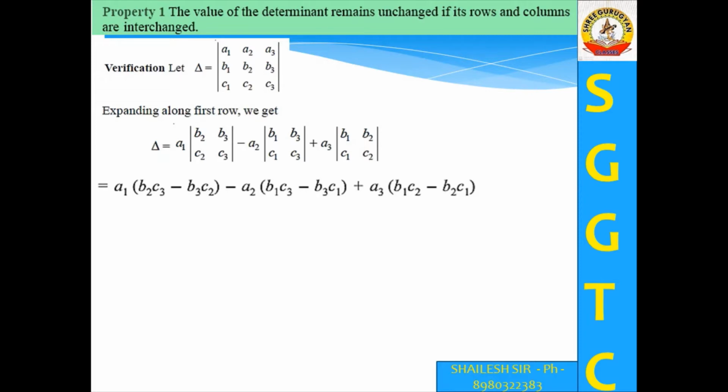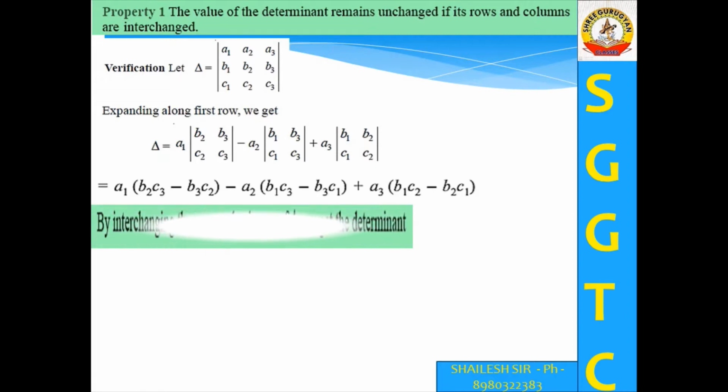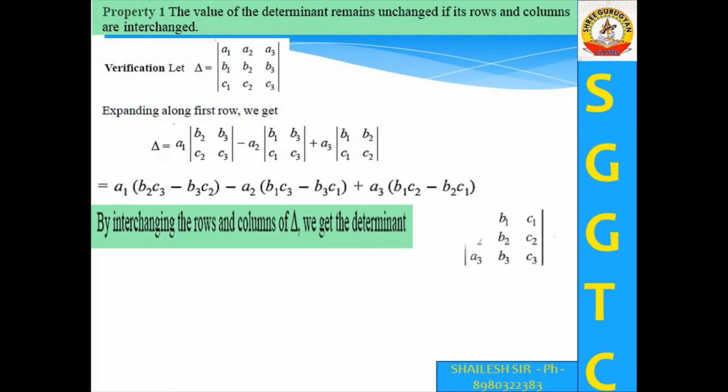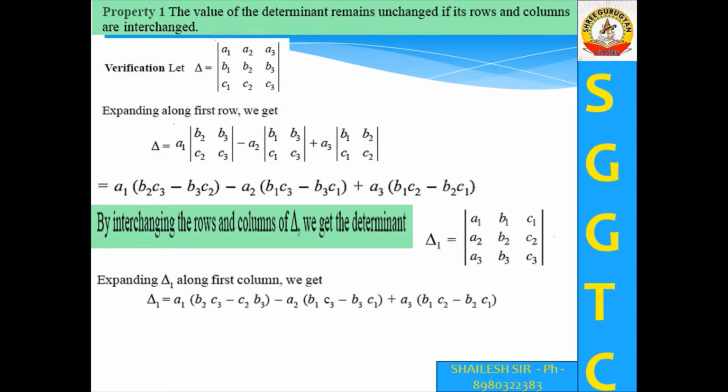Now I start applying our property number 1: interchange all row elements into column elements. So by interchanging the rows and columns, you get del 1 as A1, A2, A3. Students, just see here, I highlight this row A1, A2, A3. Now I converted it into columns A1, A2, A3.